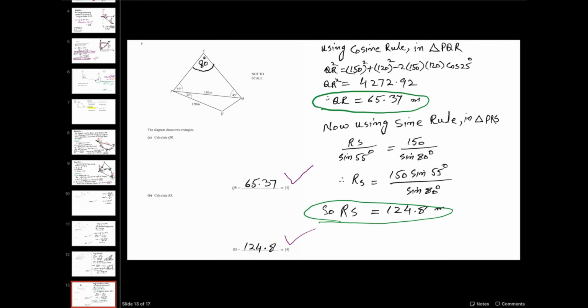Therefore, RS upon sine 55 degree is equal to 150 upon sine 80 degree. Then RS is equal to 150 times sine 55 degree upon sine 80 degree. Hence, RS is equal to 124.8 meter.